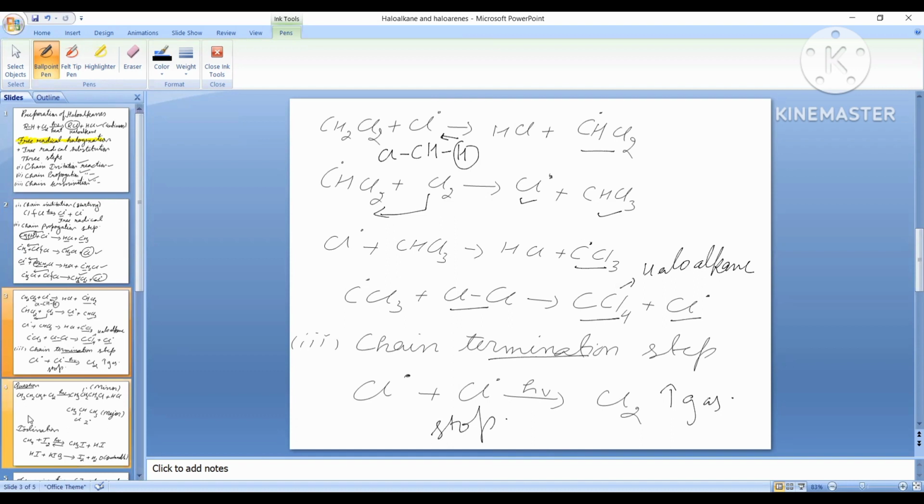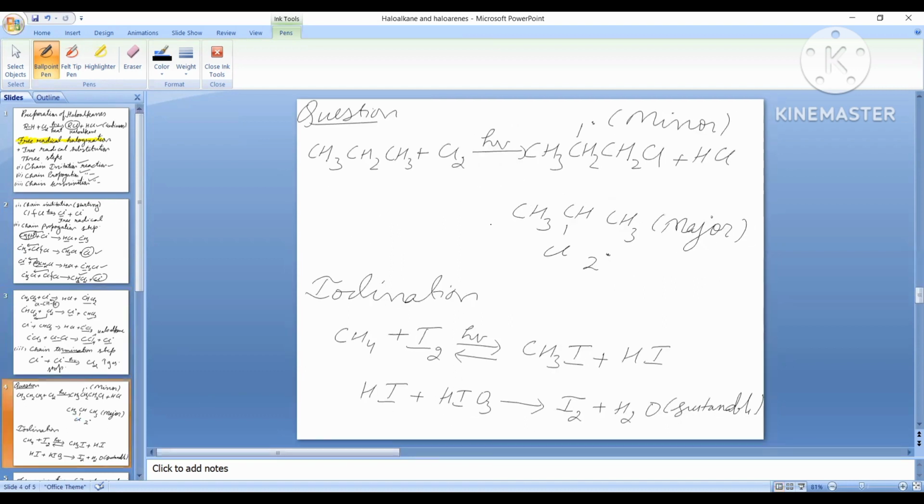Next, there is CH3CH2CH3 plus Cl2 in the presence of sunlight. Now first it will remove one hydrogen from here and form CH3CH2CH2Cl. Cl and HCl are formed, and one more product is there.